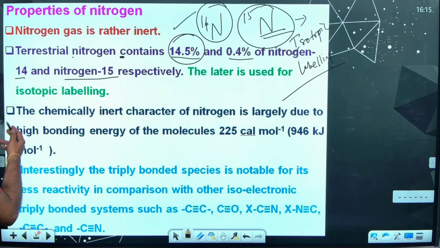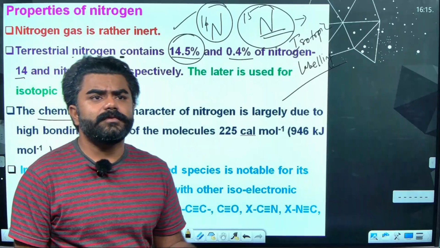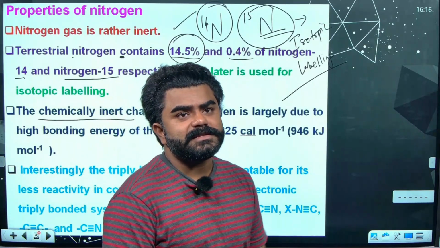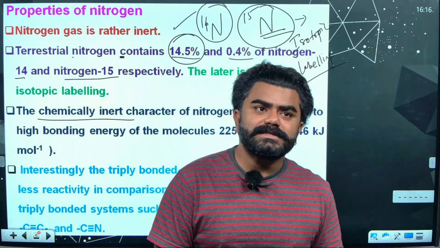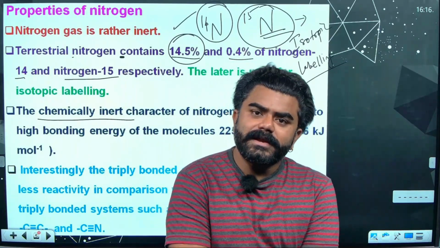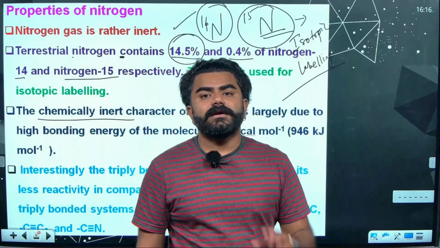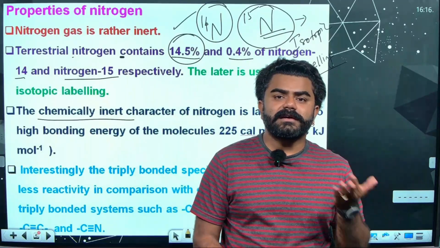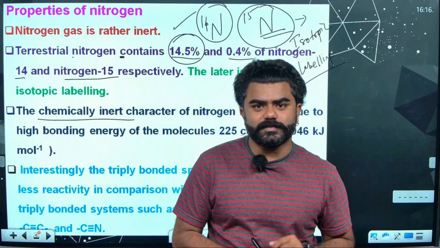Then because of its inert character, why it is inert? Because it has a higher bonding energy, which is 225 calories per mole or 946 kilojoules per mole. அதோட bonding energy higher இருக்கு, அதனால it is an inert gas. That's why we use nitrogen in producing inert atmosphere. சில chemical reactionsக்கெல்லாம் inert atmosphereல அதை கண்டக்ட் பண்ண வேண்டியது வரும், அப்போ நம்ம நைட்ரஜனை யூஸ் பண்ணுவோம்.